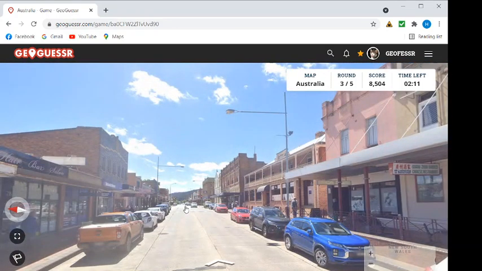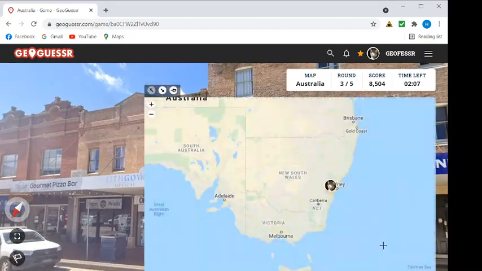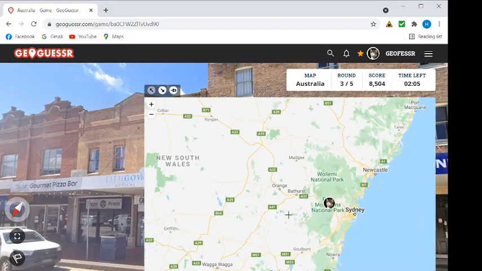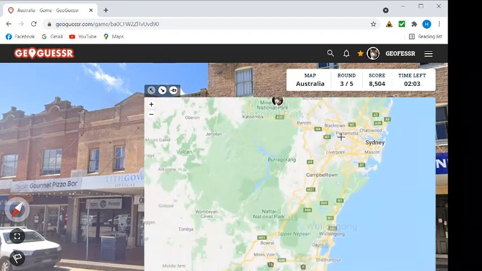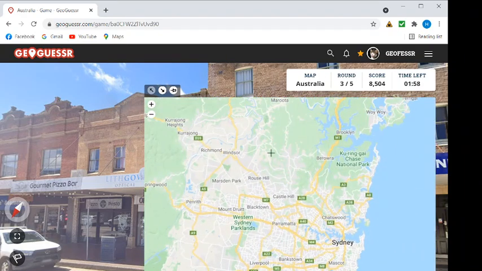Yeah, there's hills here, like very much. Oh, Lithgow, that's right. Yeah, I think I may have even seen Lithgow. Is it in the Sydney area?